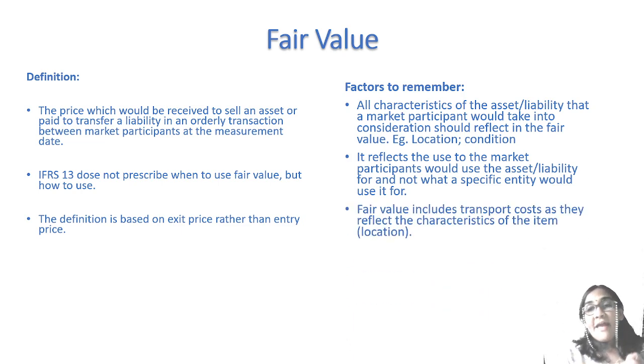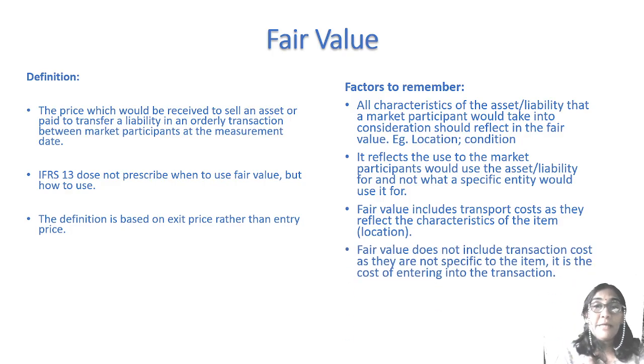Thirdly, the fair value should include the transportation cost as well because it is item specific. It reflects the characteristics, that is the location of the item, and therefore the transportation cost should be included while doing the fair value measurement.